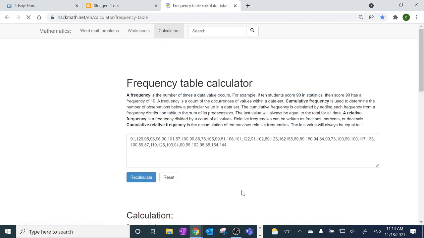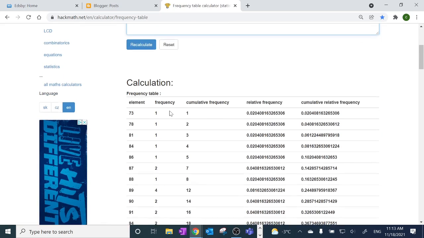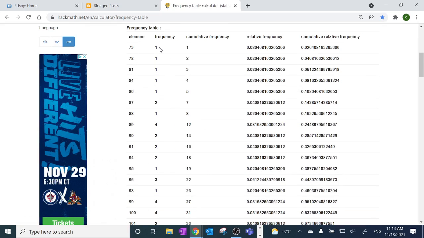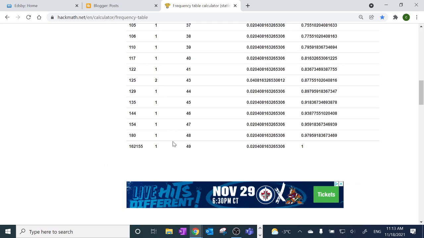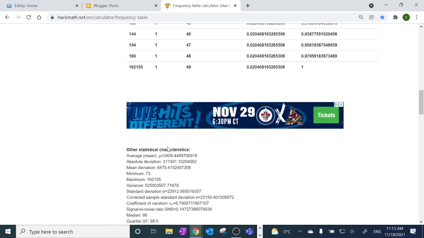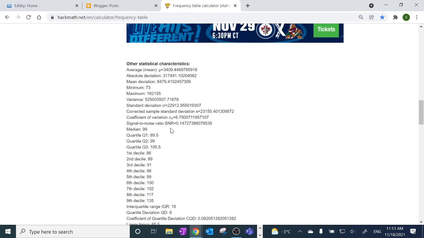Calculate. And okay, so frequency 1. So there we go. So I have 73. So now from here, I can very easily make a frequency table myself. It doesn't really make it for me. It does the stats that I want. It does give me my mean and my standard deviation.